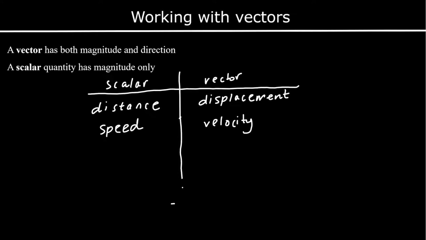The speed is just the magnitude, so the magnitude of the velocity. Acceleration is a vector. So acceleration has a magnitude and direction, and we don't have another word for the scalar. We just say the magnitude of the acceleration if we only care about how big it is, not the direction it's going in.